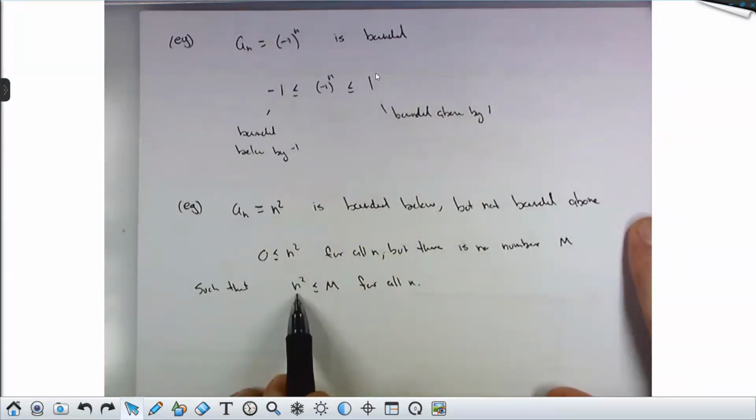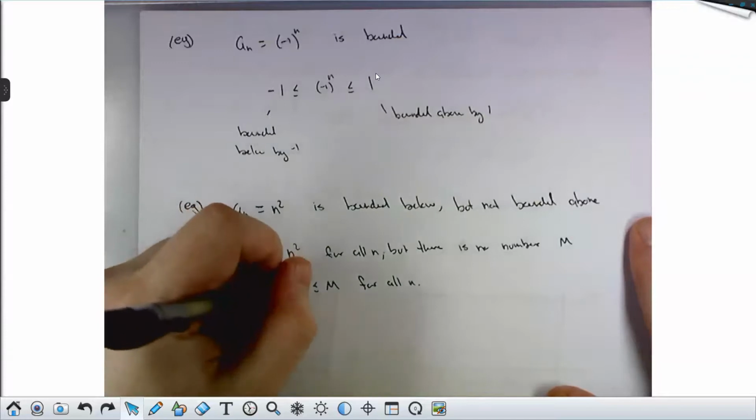Eventually, n squared will get bigger than any number m you choose.